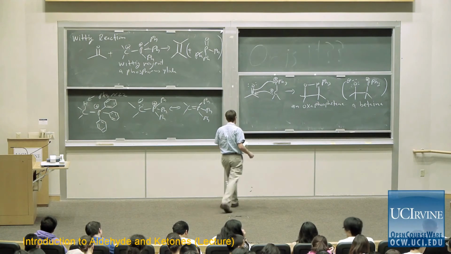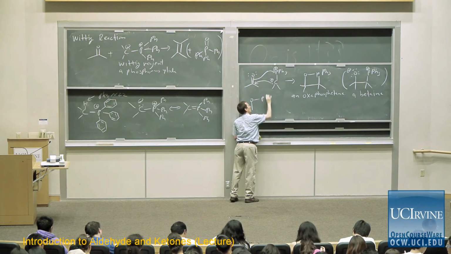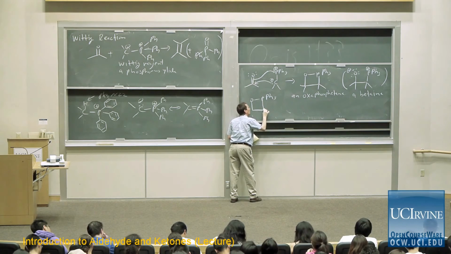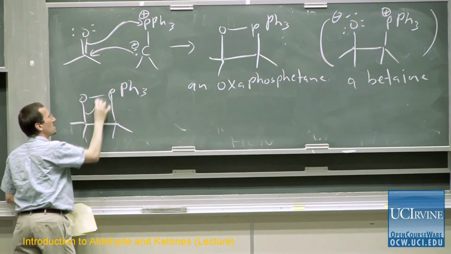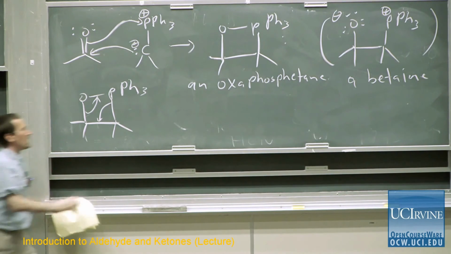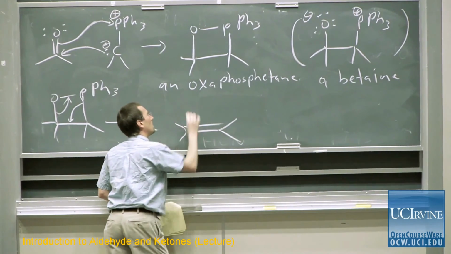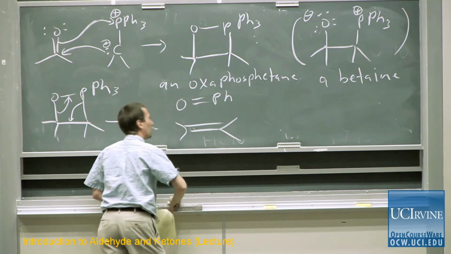In a second step, the oxaphosphetane breaks down again in a concerted process, giving rise to the alkene and triphenylphosphine oxide.